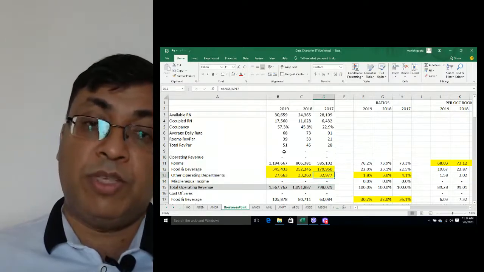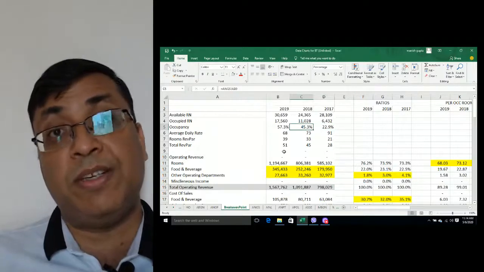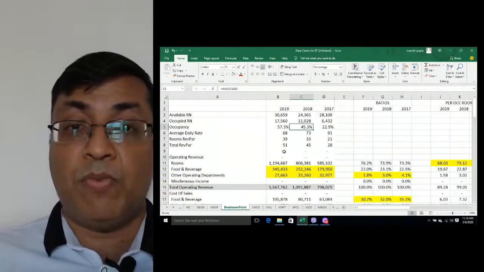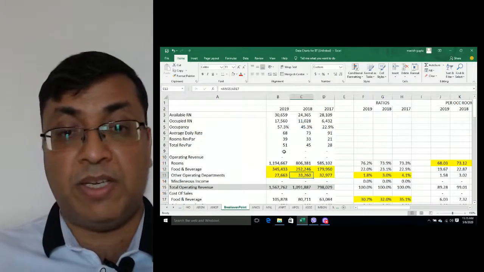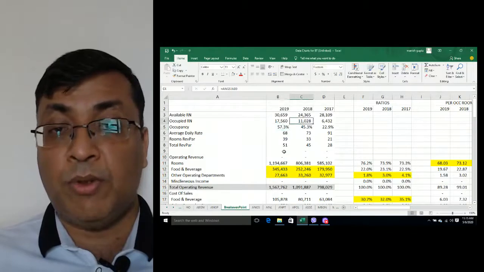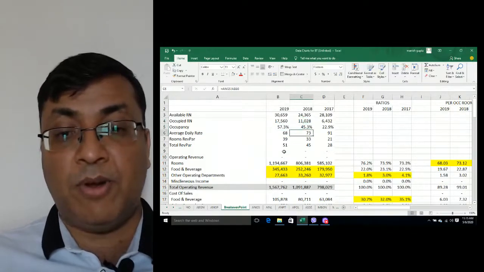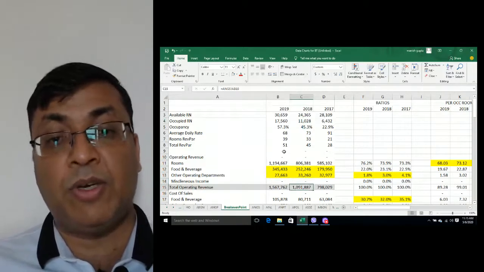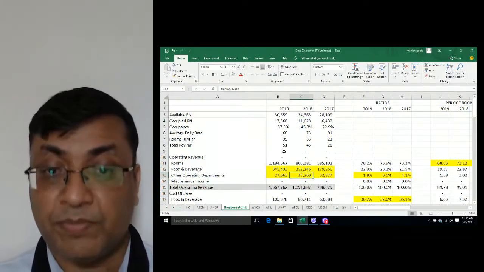If we assume the same ratio and the occupancy increased to 25%, will my revenue increase? We should have thought so, but here the relationship shows that even though the occupied rooms are increasing, the other operating department revenue is not increasing in the same ratio.